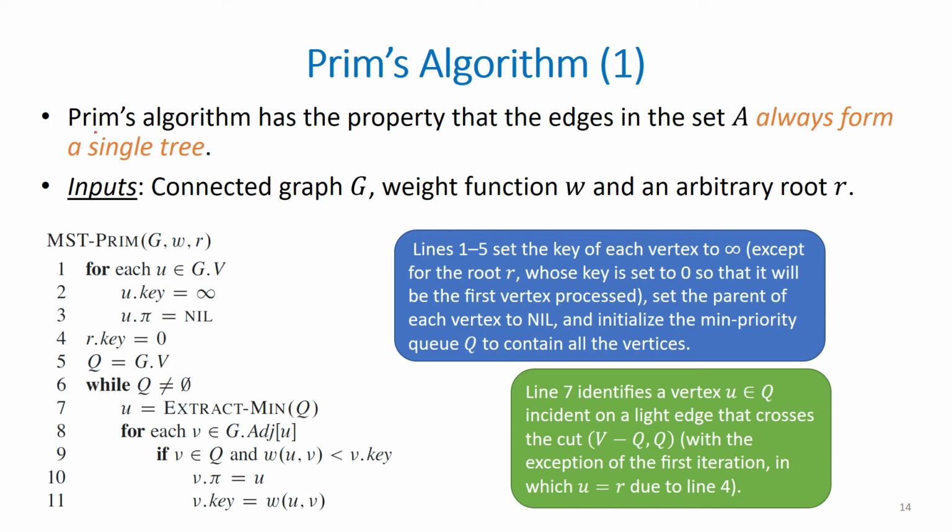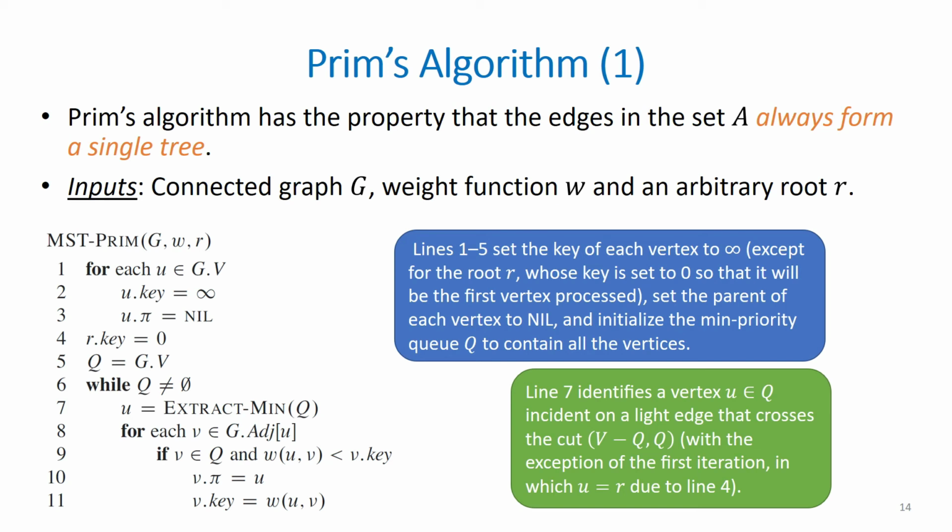In Prim's algorithm, however, the edges added to set A in each step result in a single tree that grows gradually. The algorithm works as shown here, where the graph G and some arbitrary vertex R is given as input. The vertex R will be the root of the MST that eventually emerges.